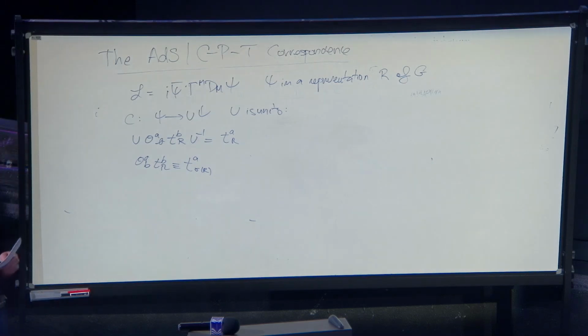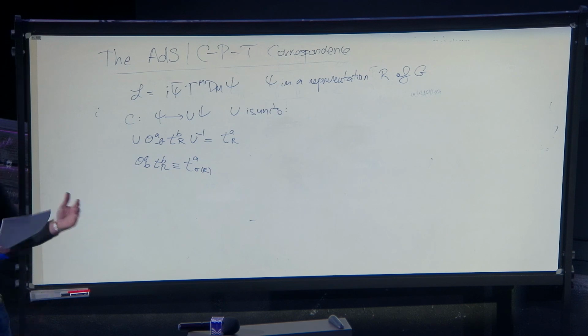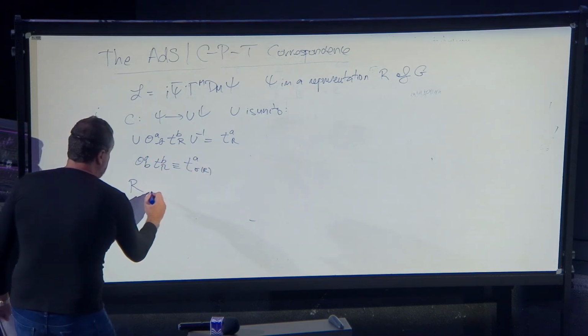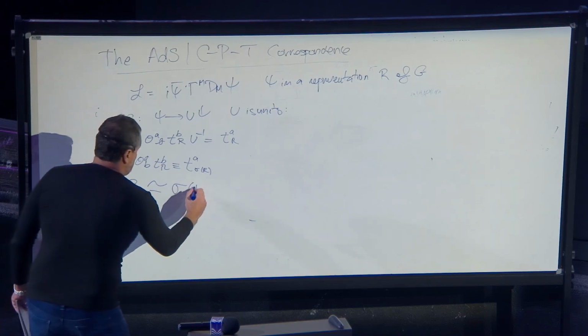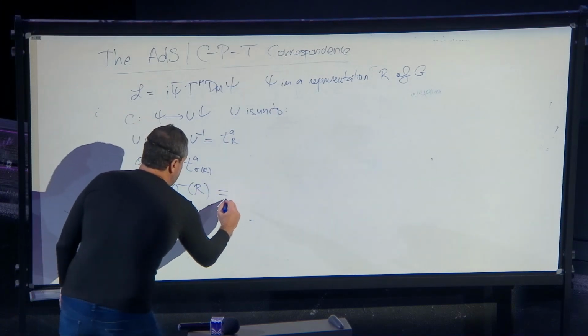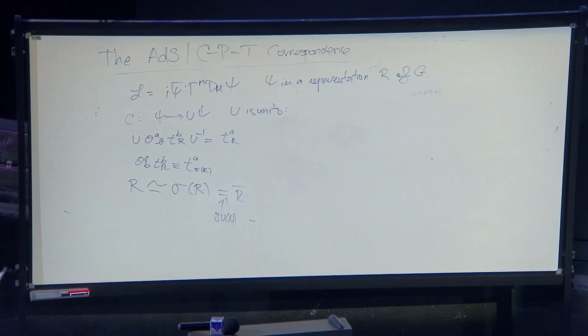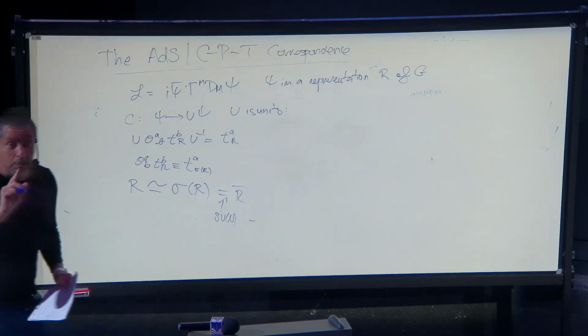Whenever you have an outer automorphism, it has the property that it acts on representations. For example, for SU(N), it maps the fundamental to the anti-fundamental. So you have charge conjugation symmetry, essentially, if the representation R is equivalent to sigma R. And for SU(N), let's be concrete, this would be if R is not complex.